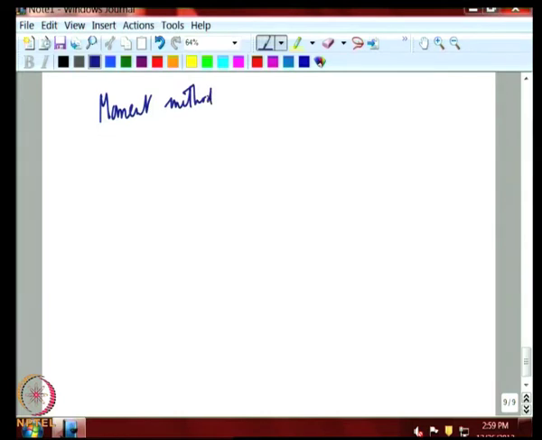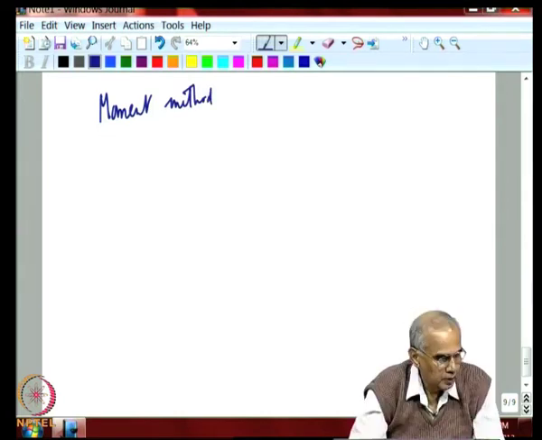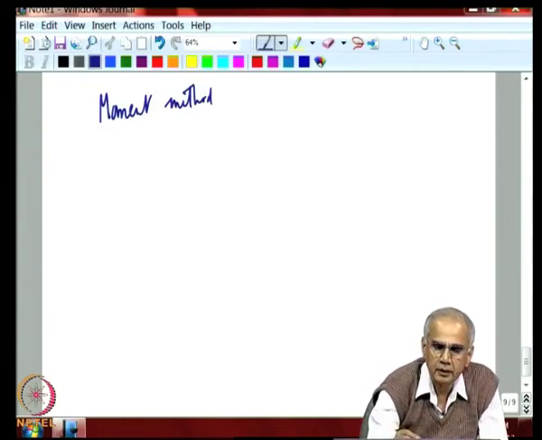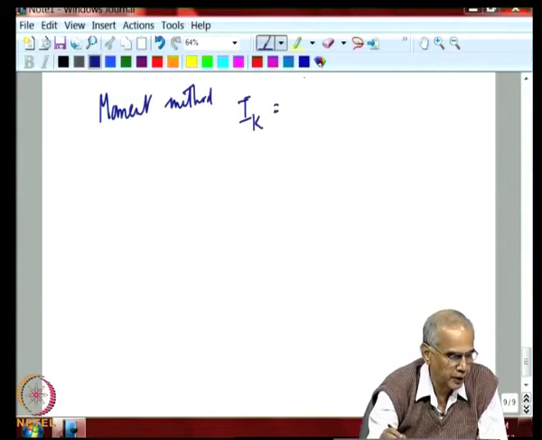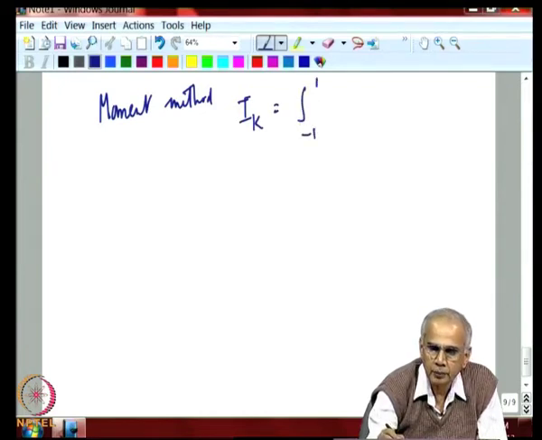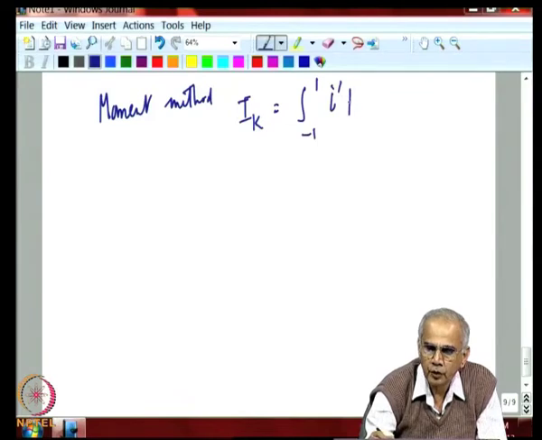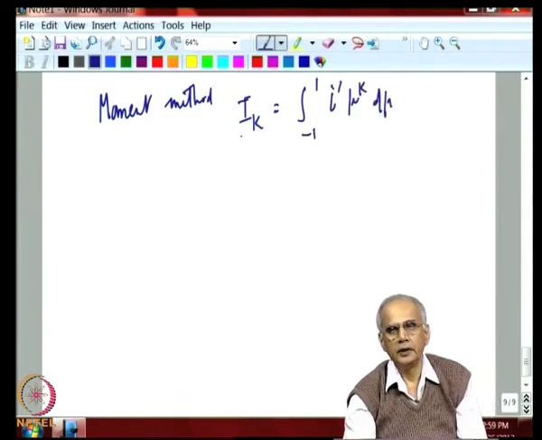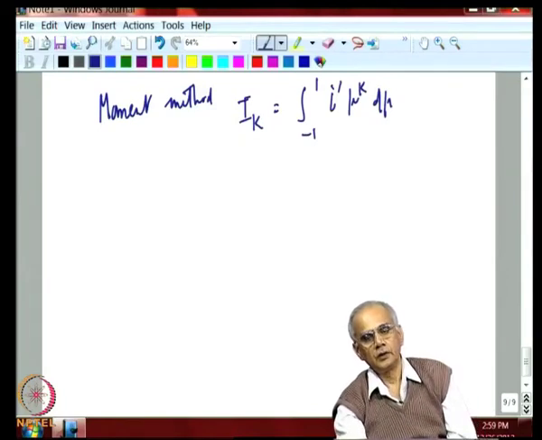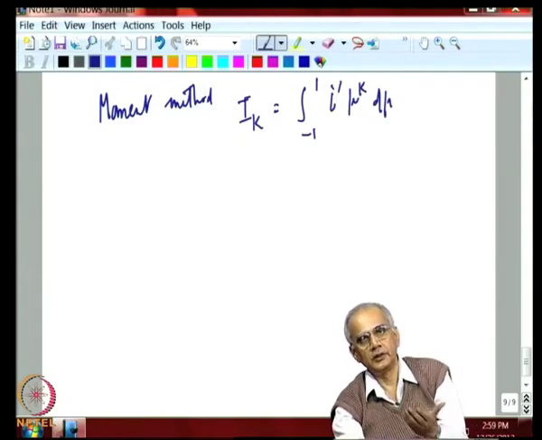In the moment method, you look at various moments of the intensity. So, for example, general kth moment of intensity is defined as integral from -1 to +1 of I prime mu to the power k d mu. So, this is the kth moment of intensity. So, when k is 0, you have the mean intensity.